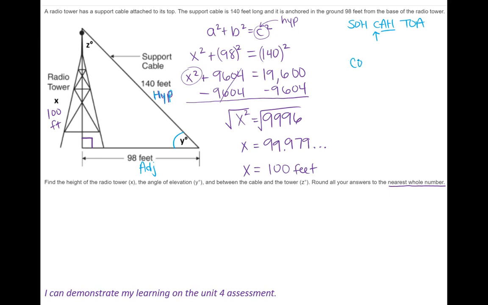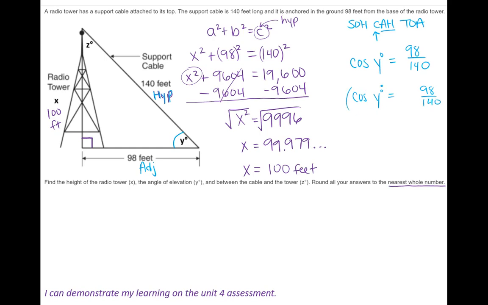So I would say cosine of Y degrees equals adjacent over hypotenuse. To solve that, I need to get Y by itself. I've got to inverse cosine both sides to get rid of my cosine. So I have cosine Y equals 98 over 140.